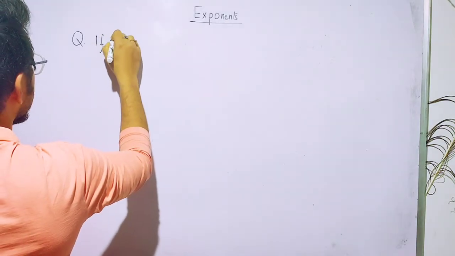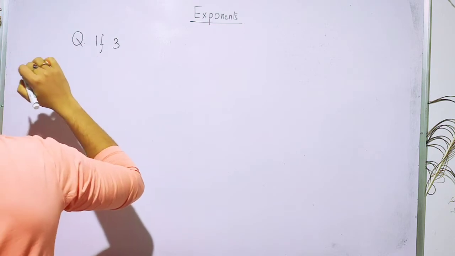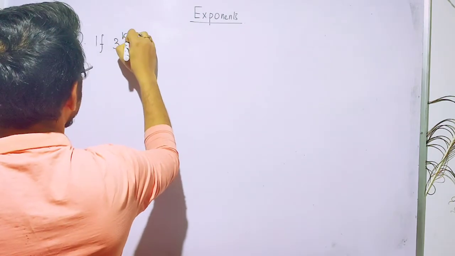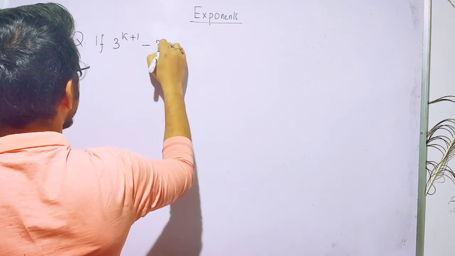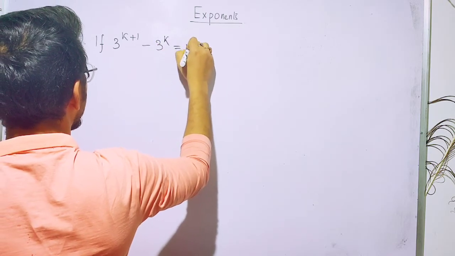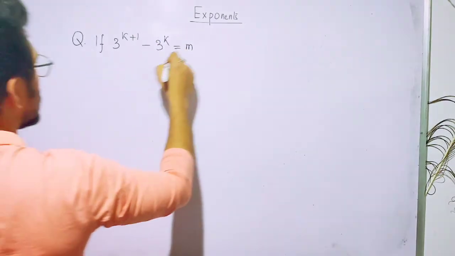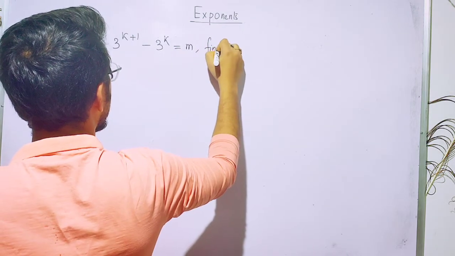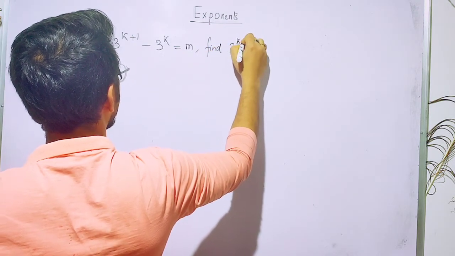If 3 to the power of k plus 1 minus 3 to the power of k equals to m, find 3 to the power of k plus 2.